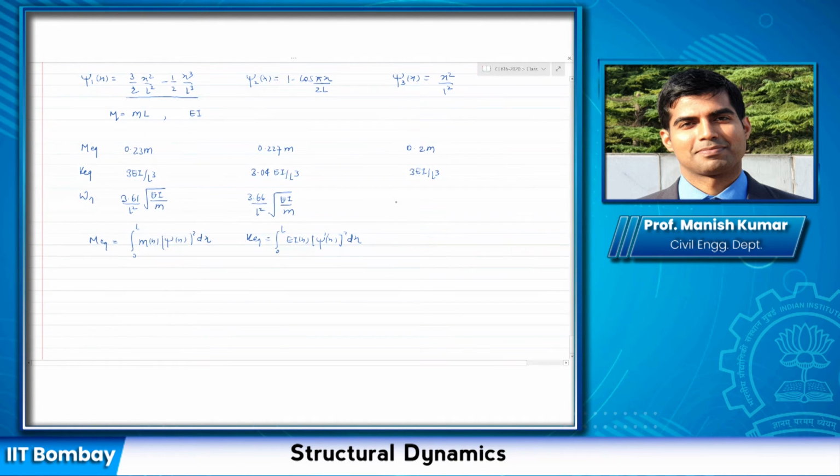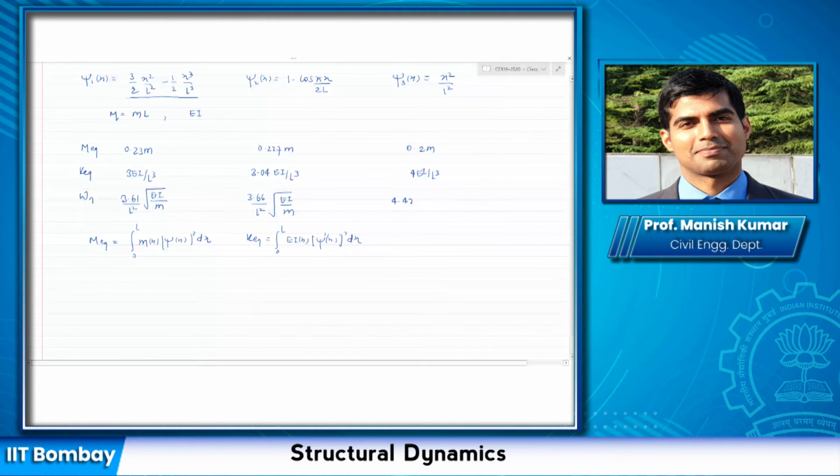So the K equivalent is, sorry, 4 EI by L cube, correct. This is 4 EI by L cube. So it would be 4.47 under root EI by m.